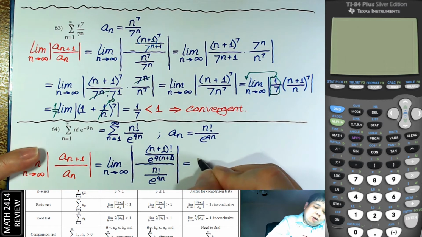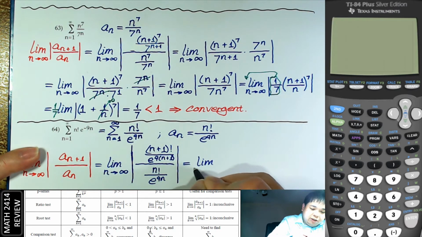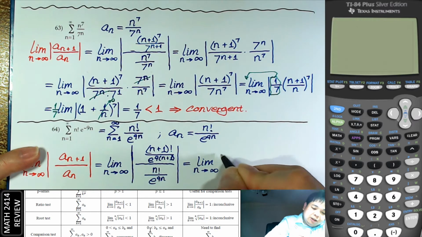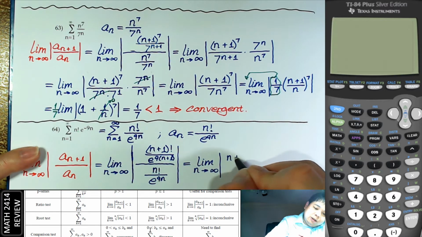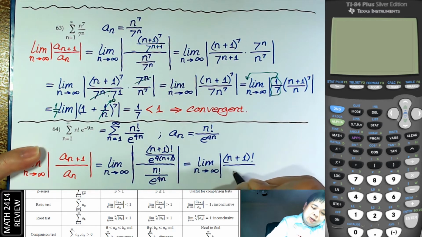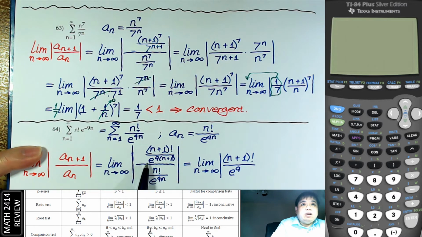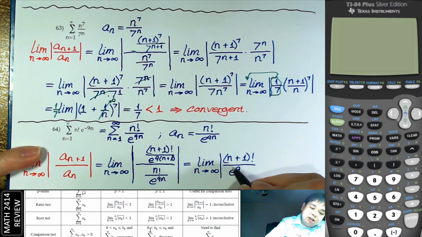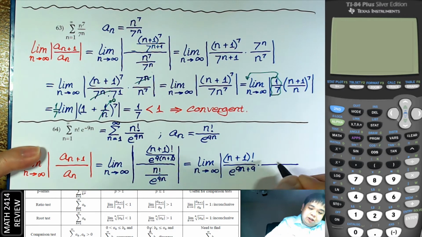Right, once again multiply by the reciprocal. Right, e to the 9, and if we multiply it out, it will be 9n plus 9. Multiply by the reciprocal, e to the 9n over n factorial.